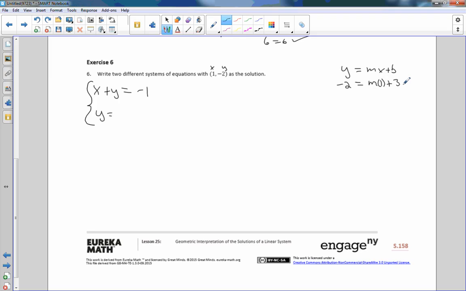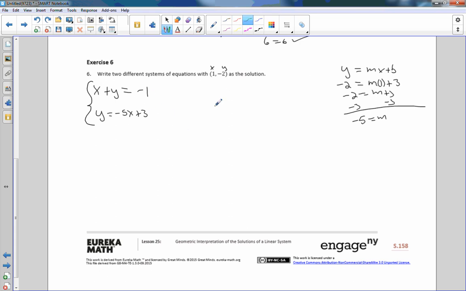So if y equals mx plus b, and I know my y is negative 2 and my x is 1, I need to find a value for m that would make this true. So I have negative 2 equals m plus 3, and if I subtract 3, I get negative 5 equals m. So I get y equals negative 5x plus 3. If I plug in 1 for x, I get negative 5 plus 3 is negative 2. Okay, there it is. That is one system.